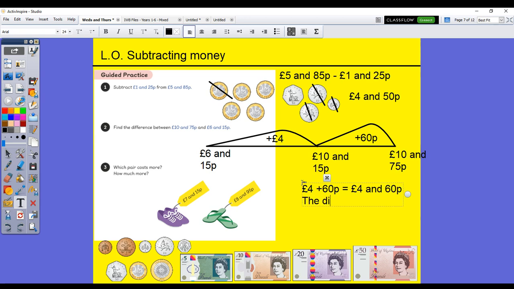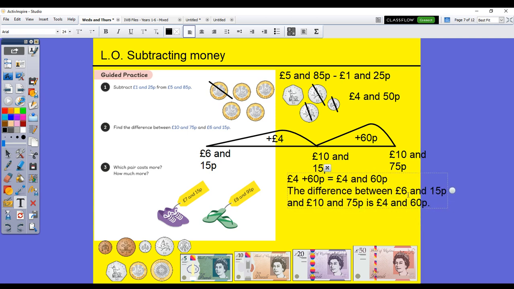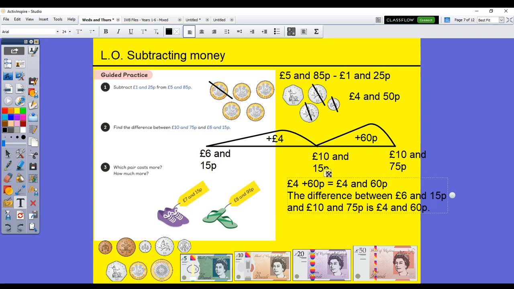Okay, so the difference between, we can write in a full sentence, £6 and 15 pence and £10 and 75 pence is £4 and 60 pence. Okay, so £4 and 60 pence is the answer. If you write that full sentence, a really big pink tick for you, because that's brilliant, well done.